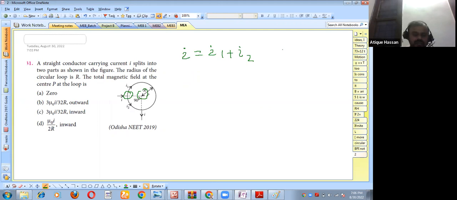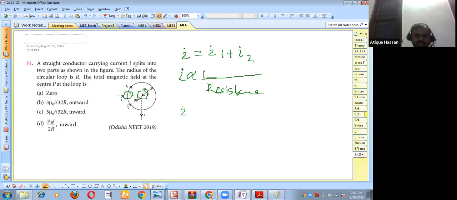And we know that I is inversely proportional to resistance, right? More is the resistance, lesser is the current.